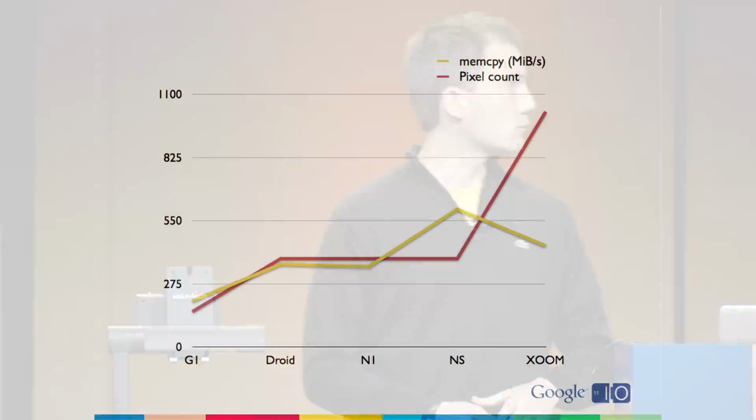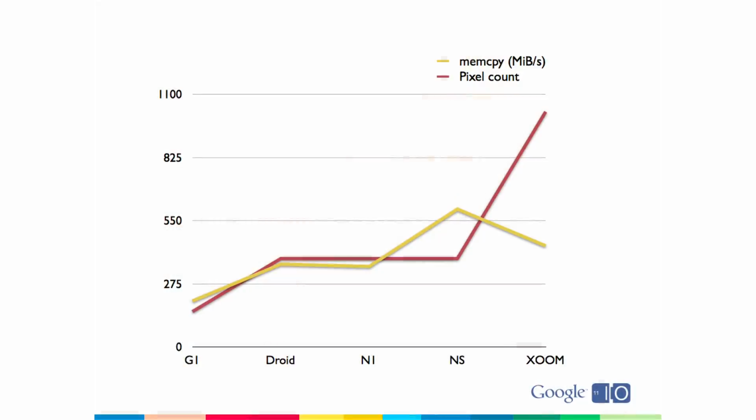So here's the problem that we've run into. This is a little graphic that shows you the expansion of the number of pixels since the G1 that shipped in 2008 up until the Motorola Zoom that shipped a couple months ago. And that's the red line. So you can see that between the Nexus S and the Zoom, we've seen a dramatic increase in the number of pixels.